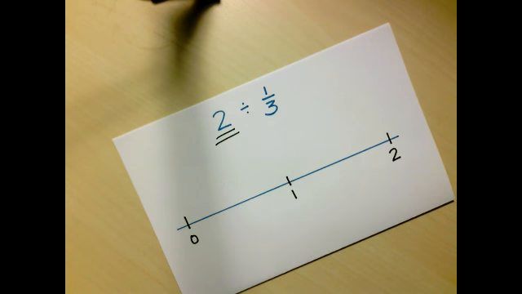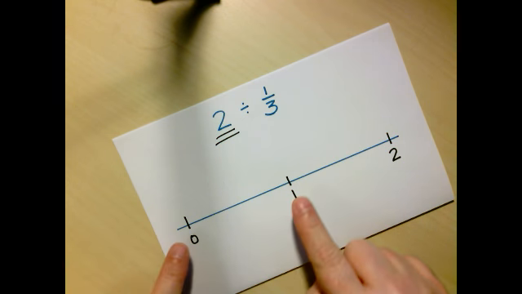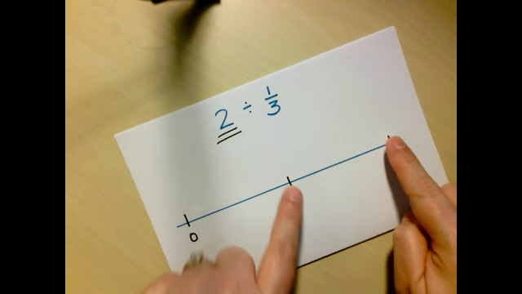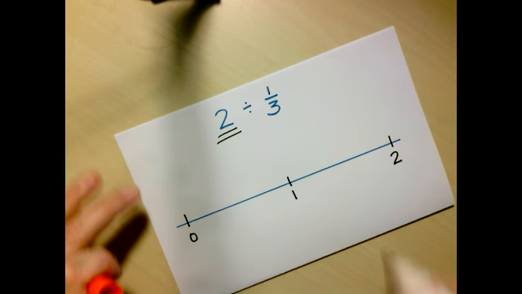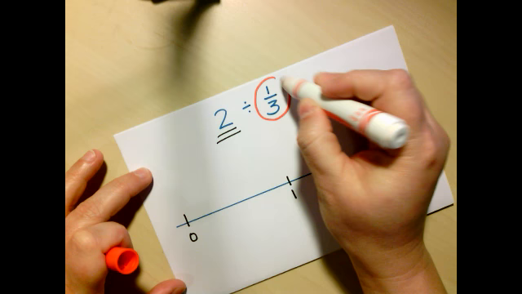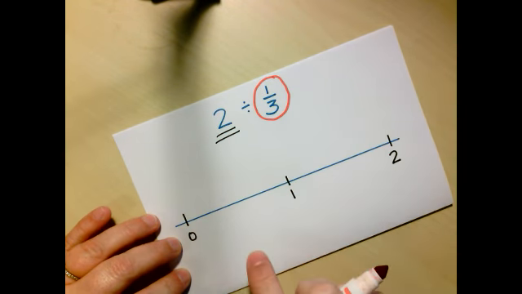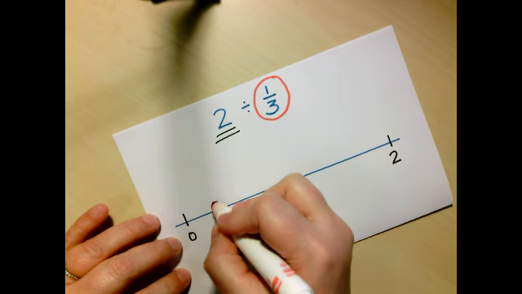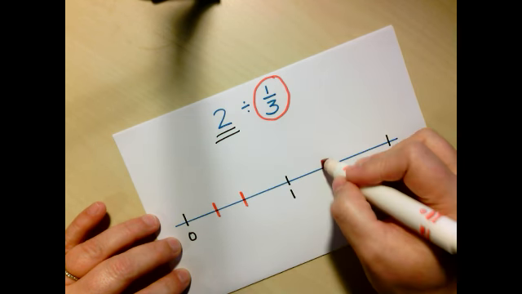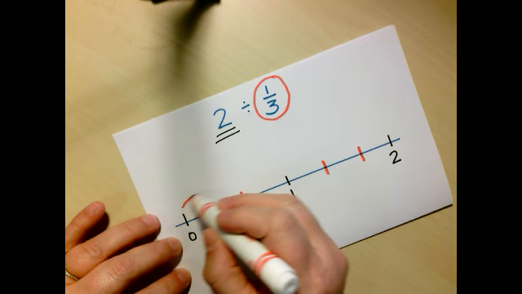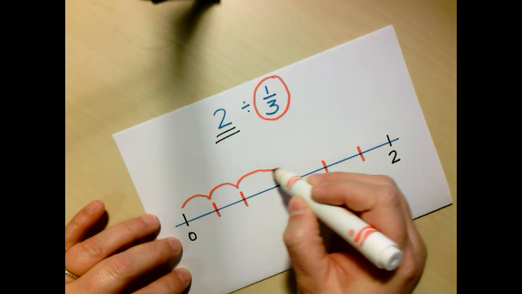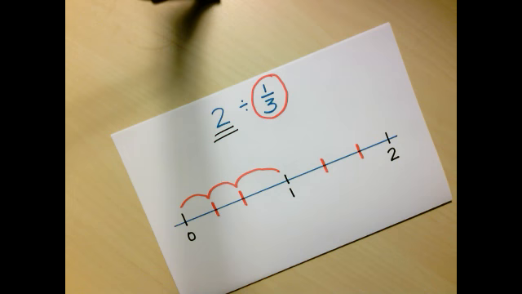Now I'm going to go in, just like these were my Pop-Tarts. There's one Pop-Tart and there's another Pop-Tart. And now I am going to divide each of my Pop-Tarts, or each of my whole numbers, into thirds. So here's 1, 2, 3 sections for that Pop-Tart.